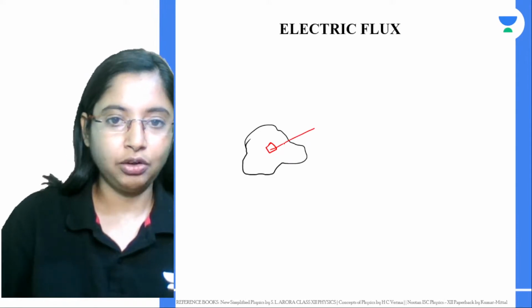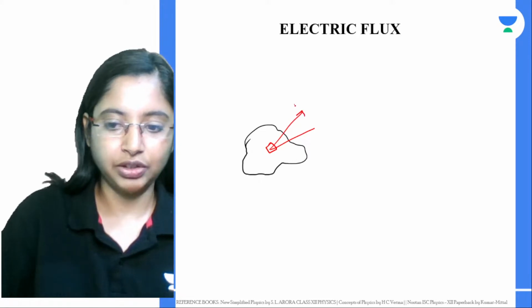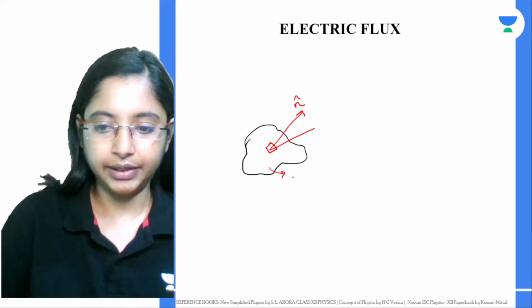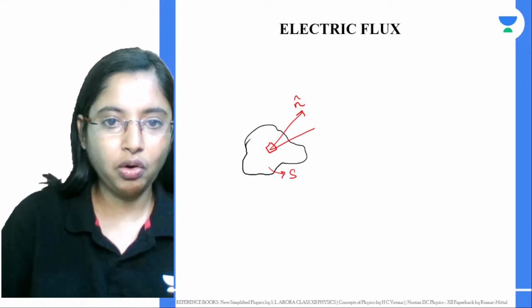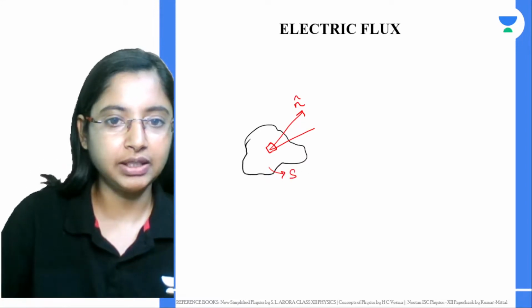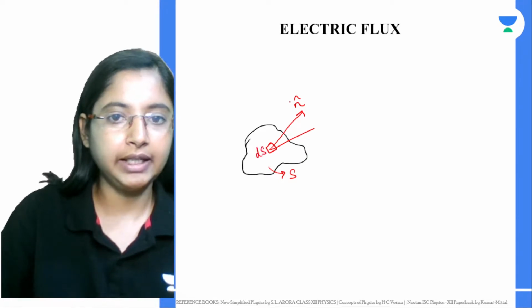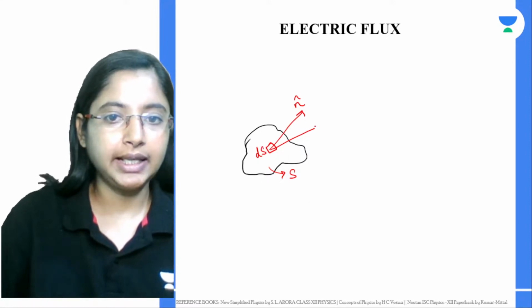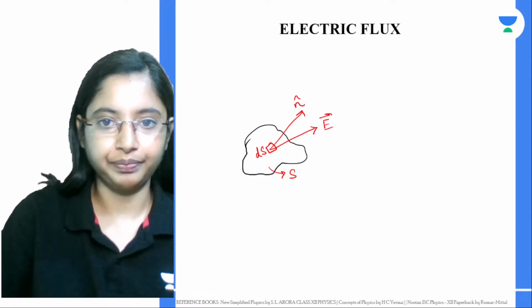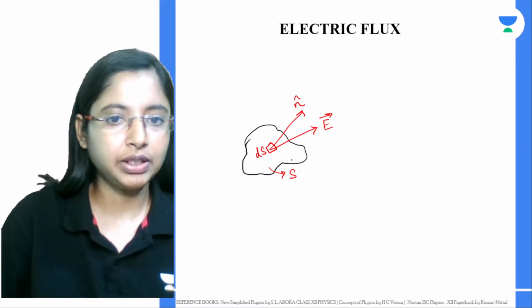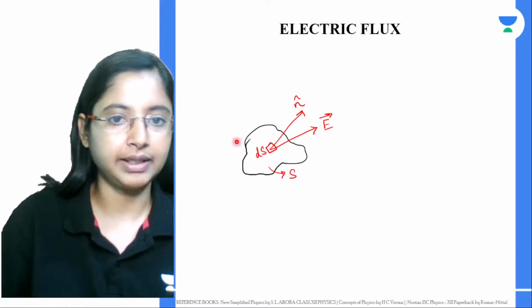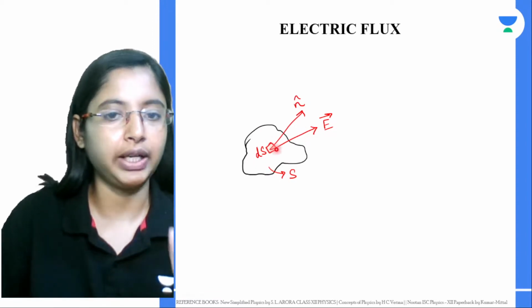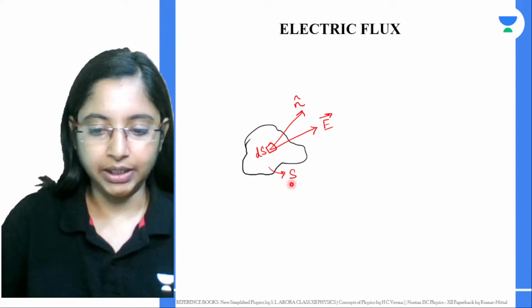Let's say the normal is n cap, the entire surface is S, and the small surface element is ds. Let's say the electric field lines are going in this direction. There are field lines everywhere, but we are interested only in those going through the small area. Let that be E.